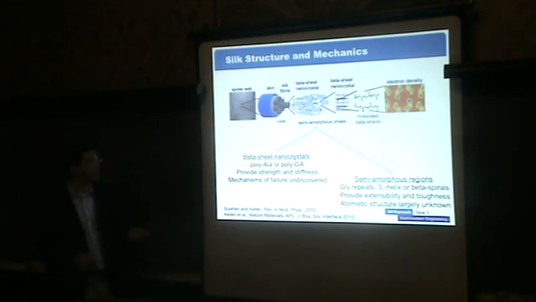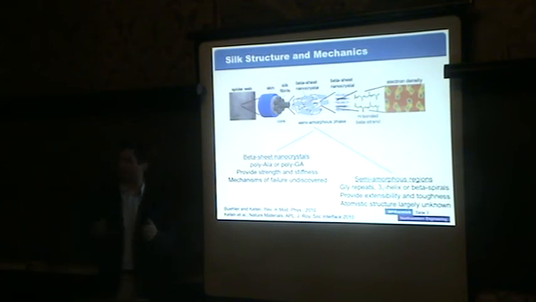These are hypothesized to provide extensibility and toughness to the material, but their atomistic structure has not been discovered because it's amorphous. It's very hard to characterize with regular experimental methods. But we do have some guidelines on what kind of structure these could be.